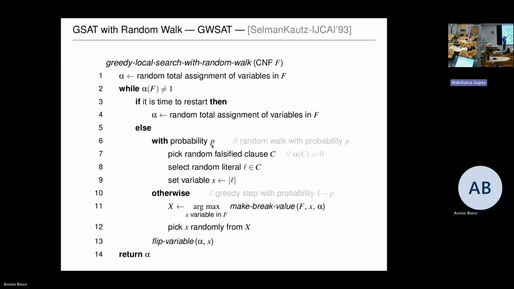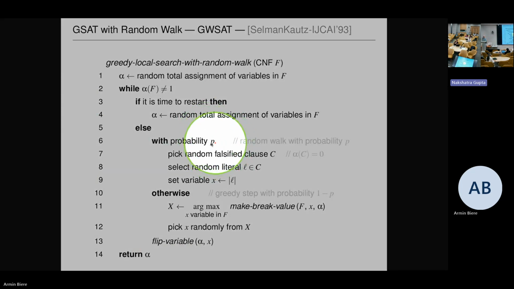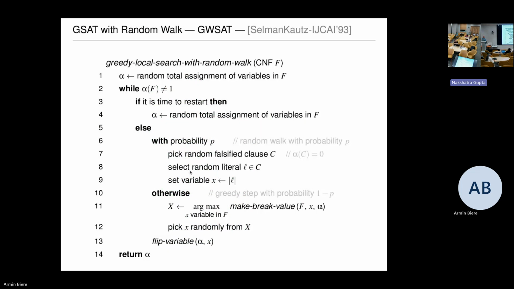Or with 1 minus p probability, you just do this argmax, maximizing the reward. Of course, this remains PAC if the original one was PAC, because you add something done with non-zero probability, if this is always done at the end, then this is completely fine. And that actually improved the original version quite a bit.